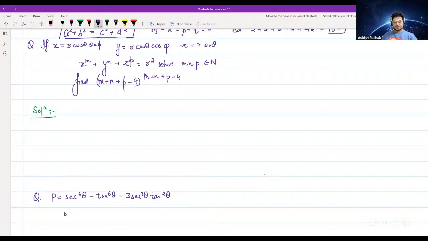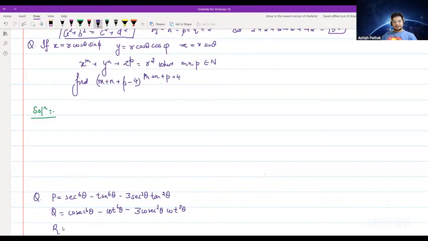And Q equals cosec to the power 6 theta minus cot to the power 6 theta minus 3 cosec square theta cot square theta.